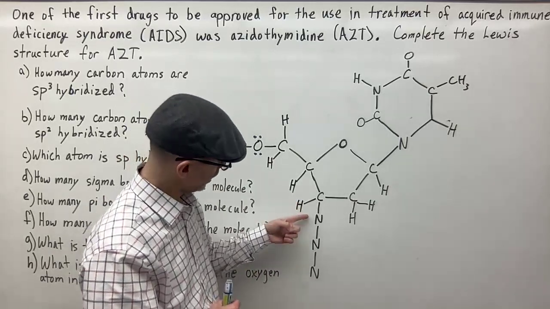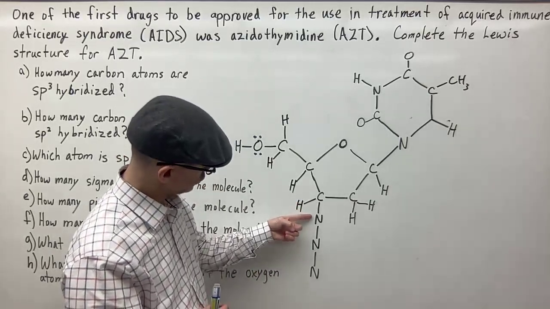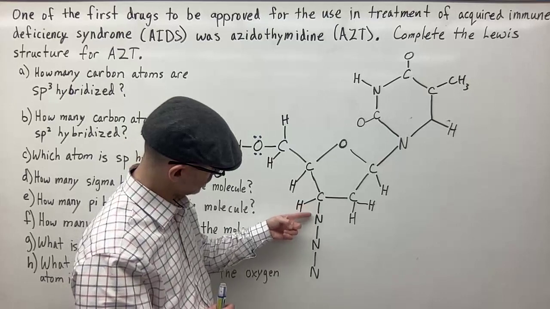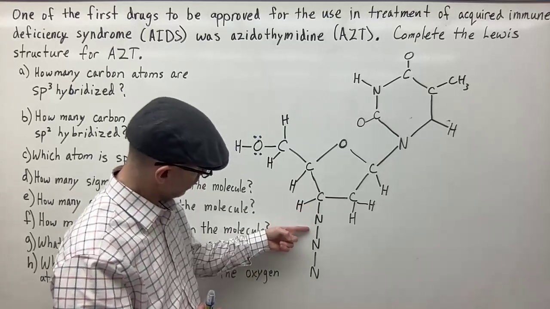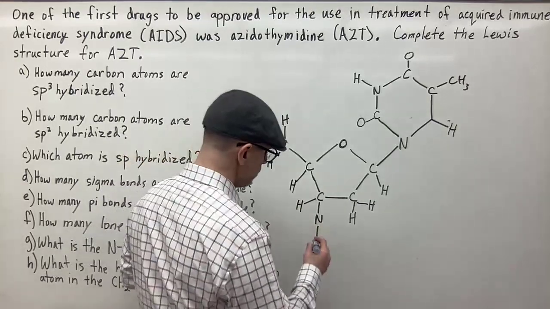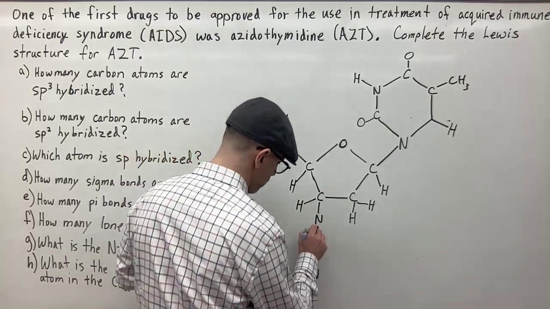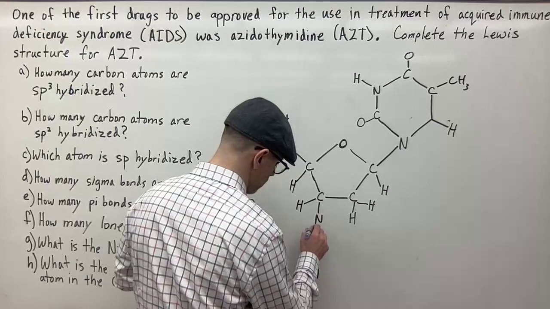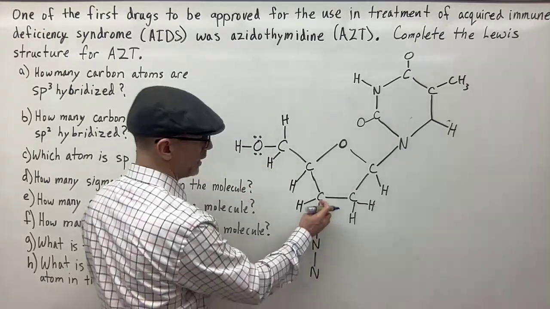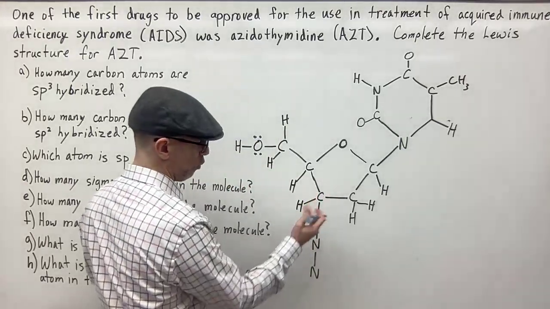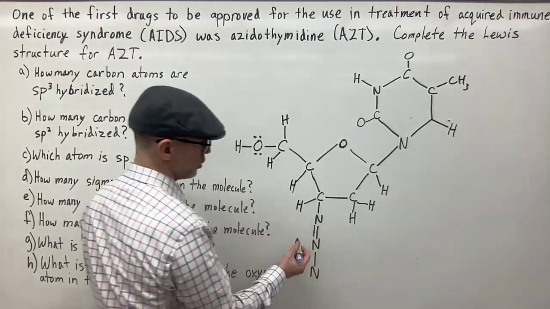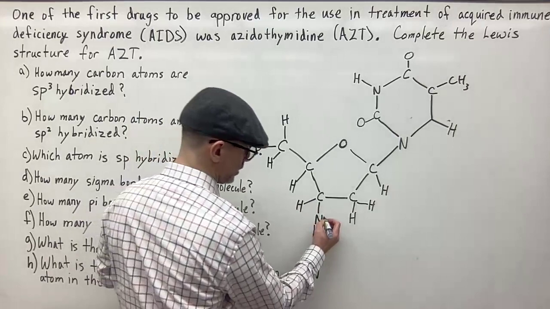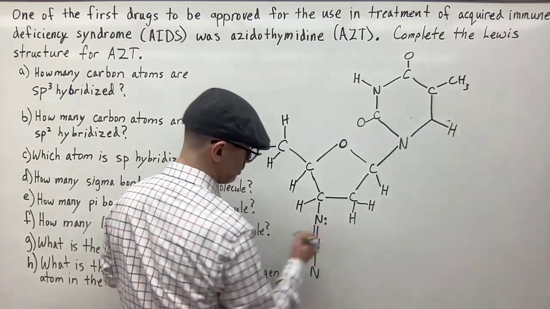Now, if we go down here, this nitrogen only has 2 bonds, so we could put a bond there. Can't put a bond there because the carbon already has 4 bonds, so that's not going to work. So we could put a bond there. So now this has 3 bonds, and we could put a lone pair there.